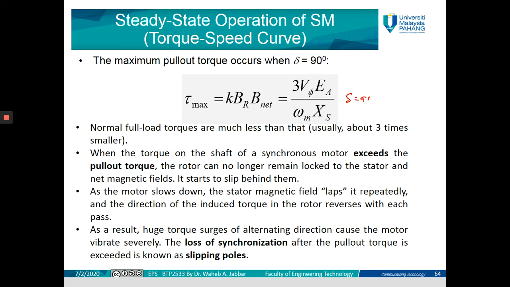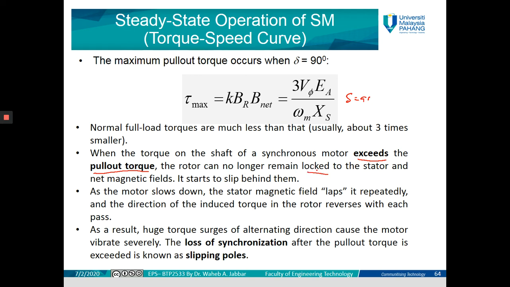The maximum torque, or pull out torque: if the torque on the shaft of the synchronous motor reaches it, the machine will start to slow down because the rotor can no longer remain locked to the stator.